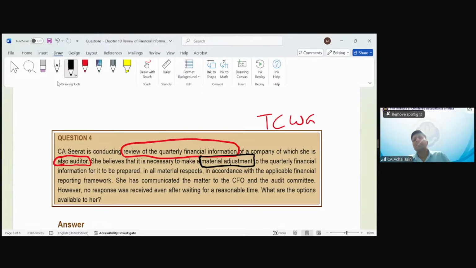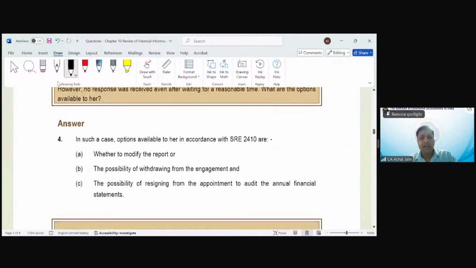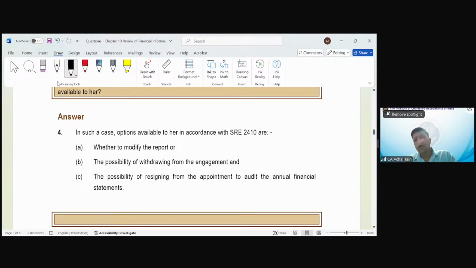Okay, great. So let's understand in this case what the options available to her are. The first option, and the most preferred option she should choose, is to perform the job assigned. What is that? Modify the report.